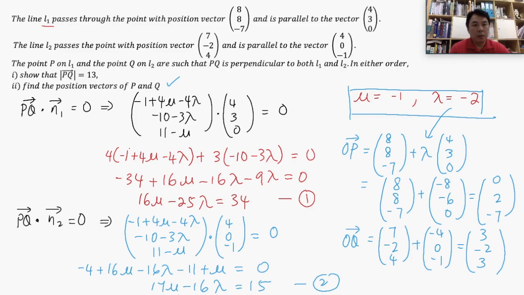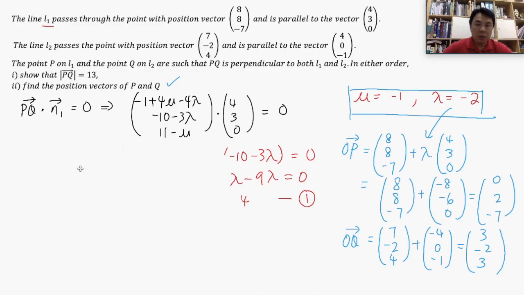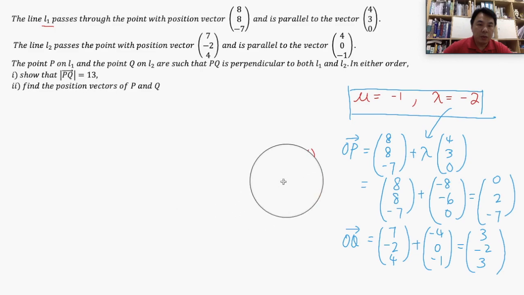Now, of course, the last stage: I still need to verify whether my position vectors P and Q are correct. To do that, I will need to use the information I obtained from my first question, because the question states that the magnitude of length PQ is 13 units.